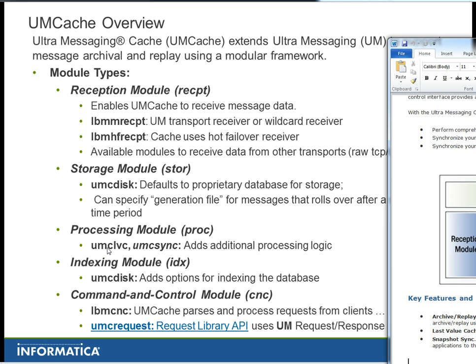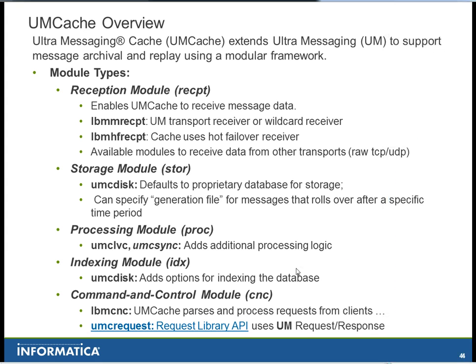For processing, we have several processing modules: a last value cache and a snapshot sync processing module. And we have a command and control module, the LBCNC, that processes requests from the UMC request library.